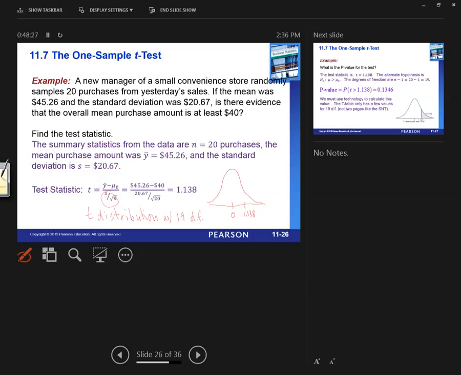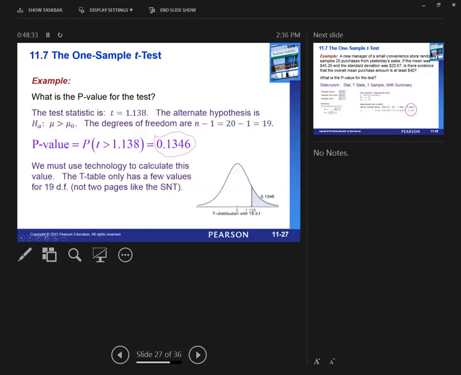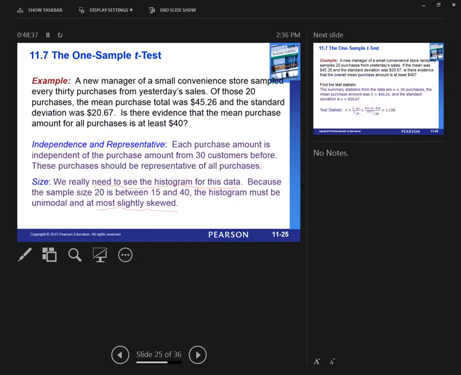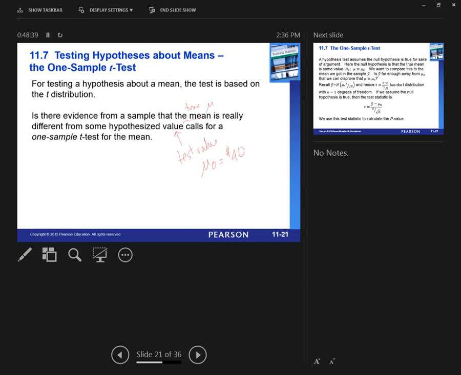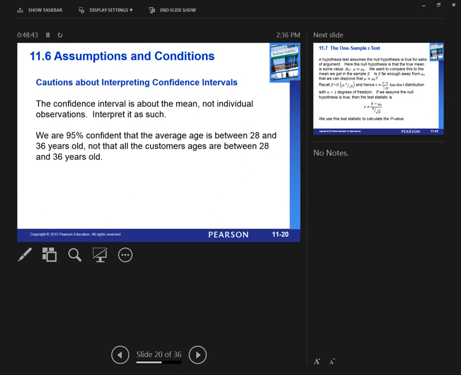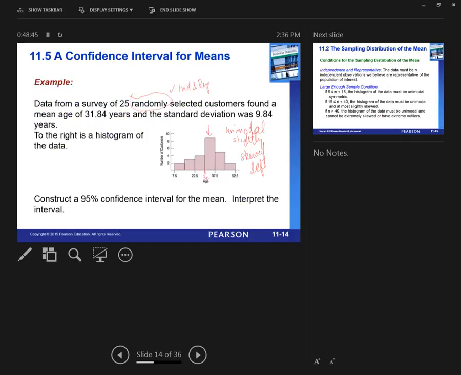So it's got the t distribution with 19 degrees of freedom, and we're going to look that up. Remember when we looked at the t table, when I did the confidence interval?